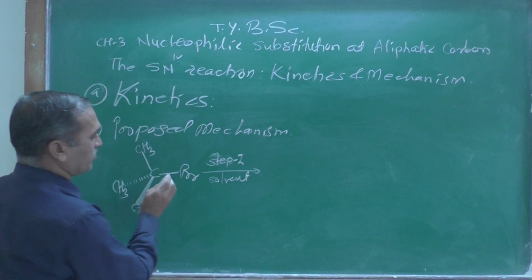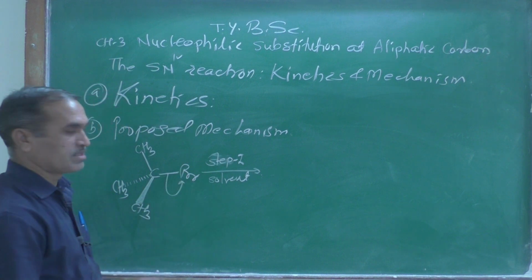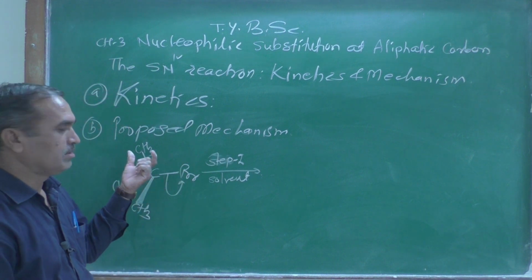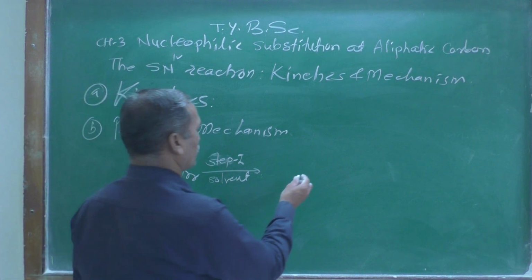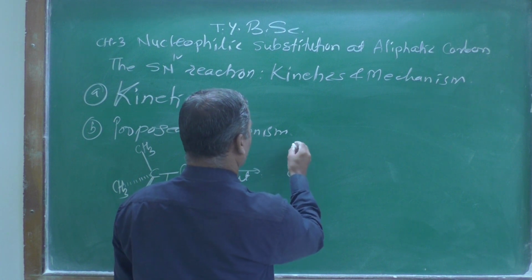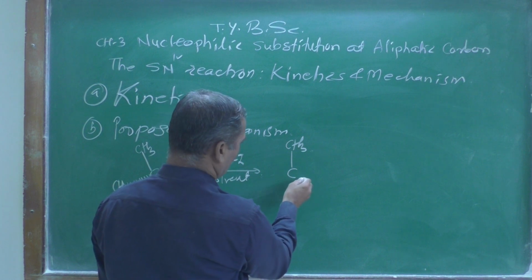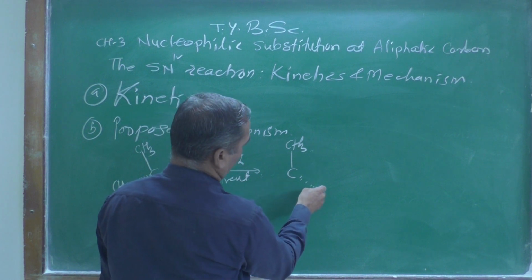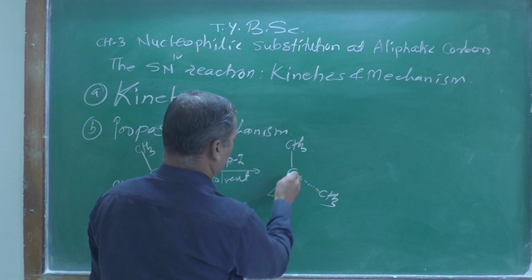In the first step there is a departure of the leaving group. When the leaving group departs, you get the transition state like this, with CH3 groups on the carbon.